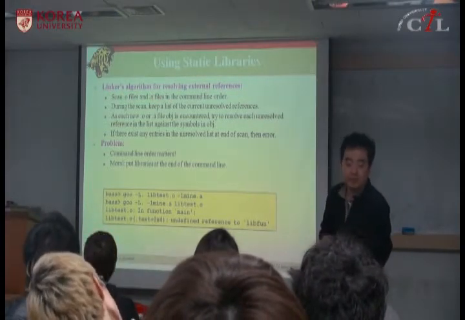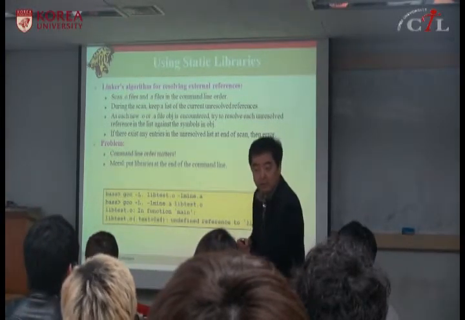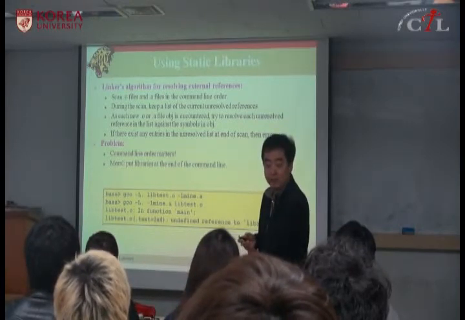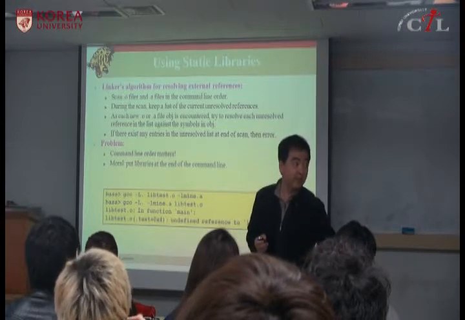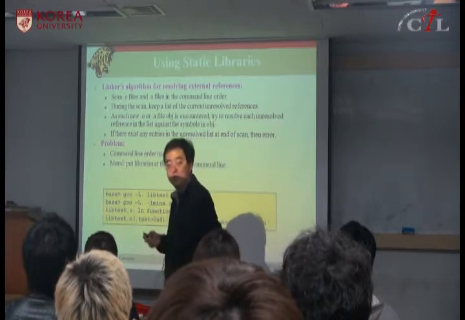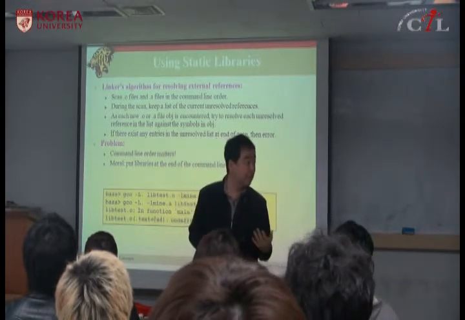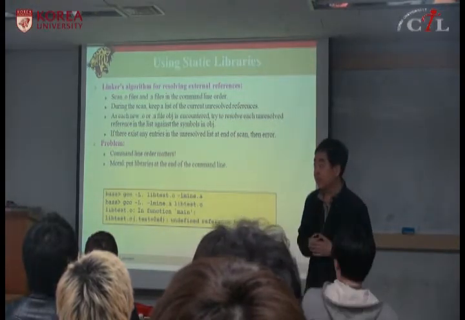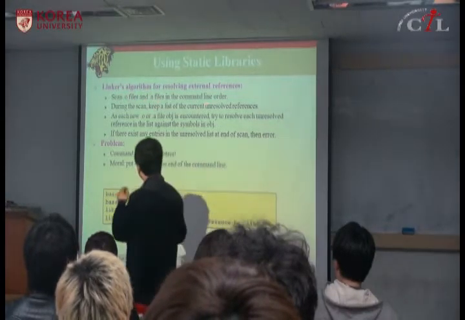If it finds an unresolved reference, it tries to find it in the next .a archive file. You do not go back. There is no backtracking. You go forward only. So you have to find all these external references in a single scan of the arguments of your link command.